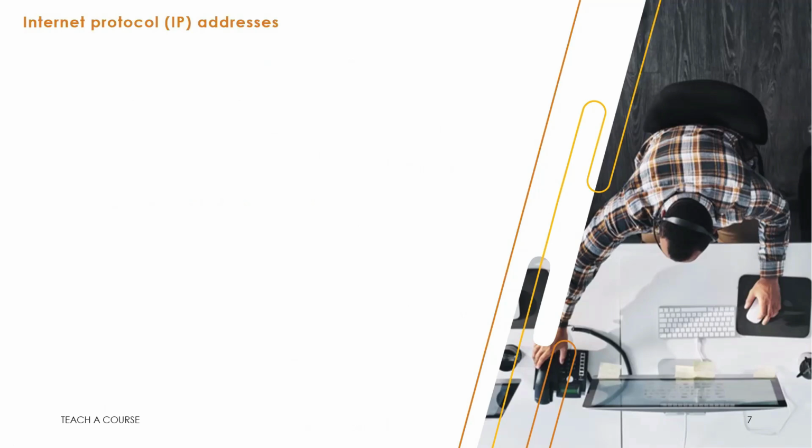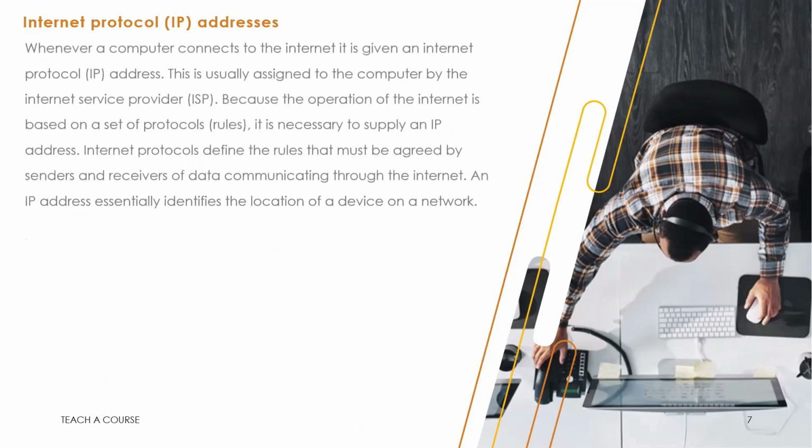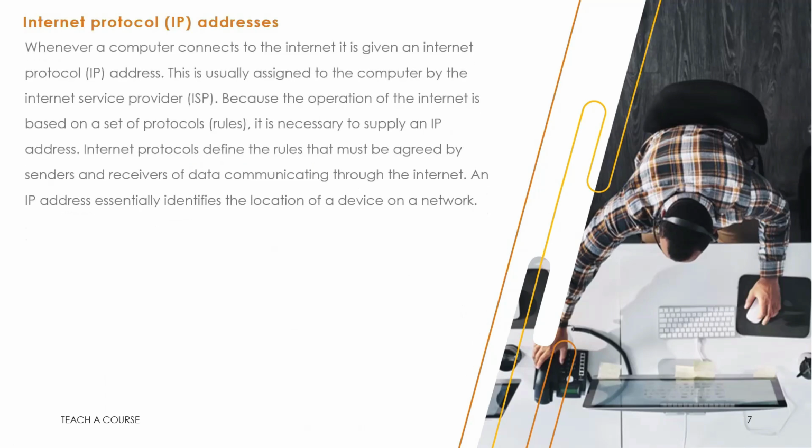Then we have an IP address. An IP address is an address that identifies the location of a device on a network. Unlike a MAC address, an IP address can change if you change the location of a device from one network to the other.